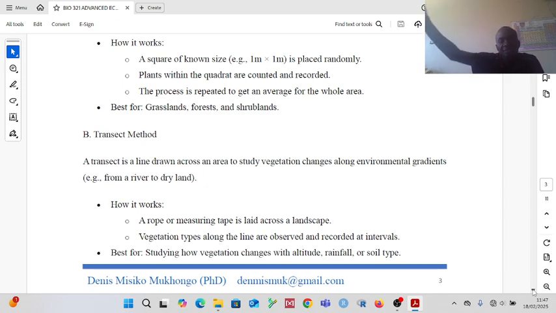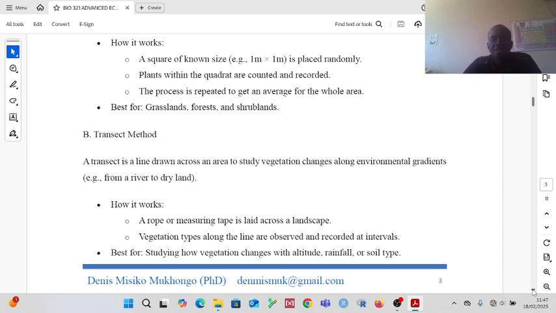As you move along, you'll be able to appreciate the changes in the types of vegetation as you move from one section of the transect to the other, and what the numbers are at those particular intervals.